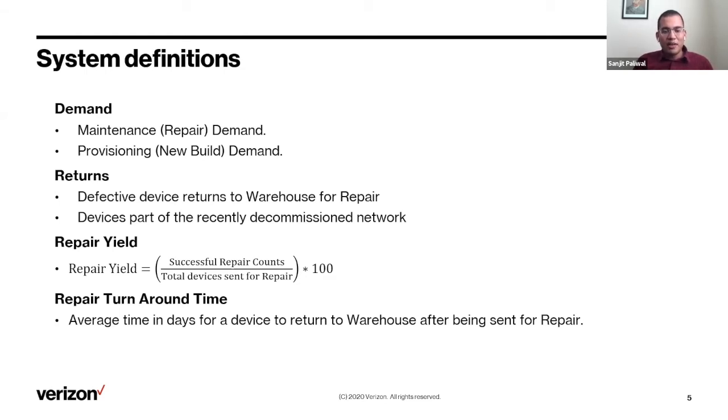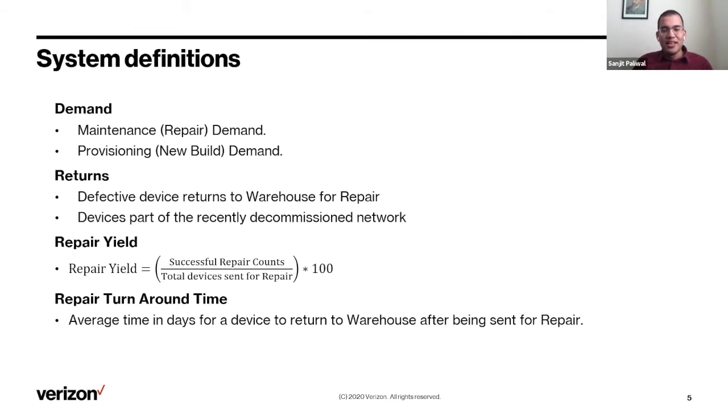That is the average time in days for a device to return to a warehouse after being sent for repair. Suppose, for example, a device leaves the warehouse on January 1st, is repaired in the repair facility, and comes back to the central warehouse on January 30th.